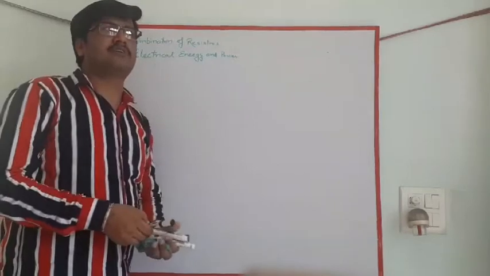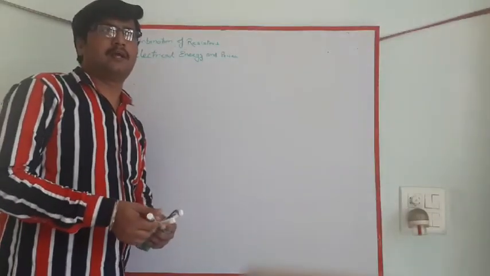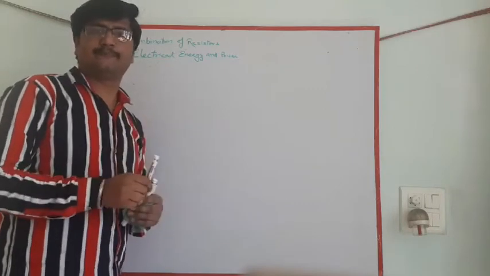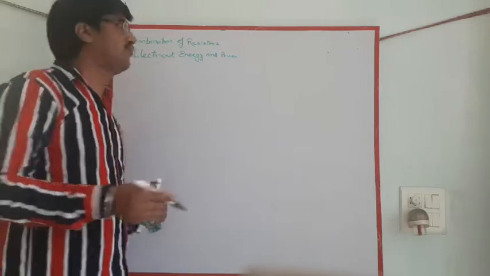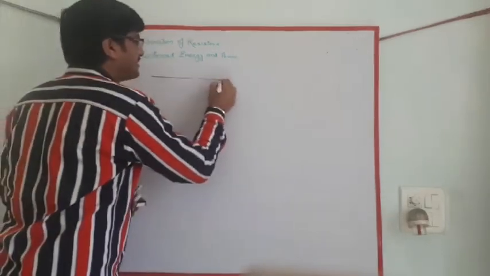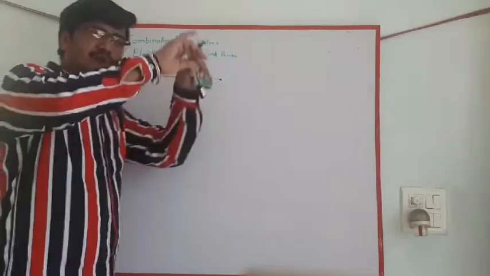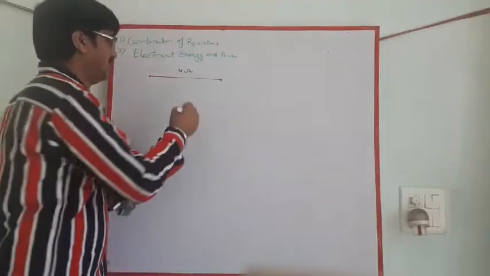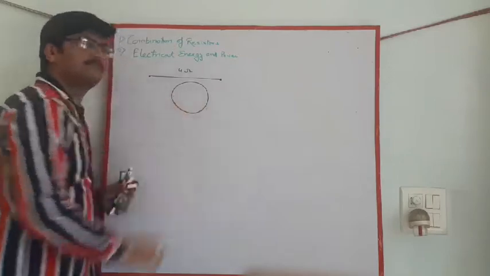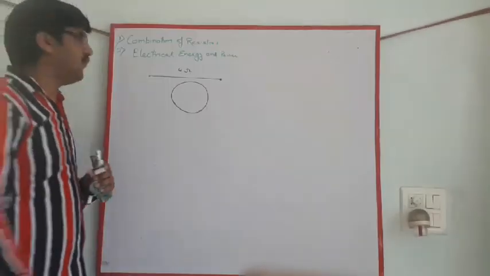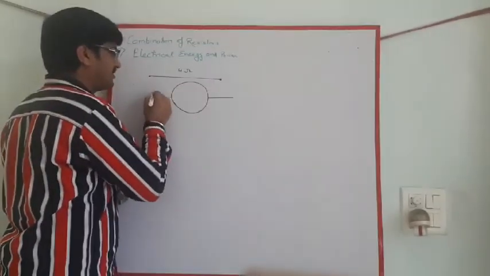A simple question that has appeared, I think, one or two times in the CBSE board exam: a wire of resistance 4 ohm is bent into a circle, turned into a circular ring.